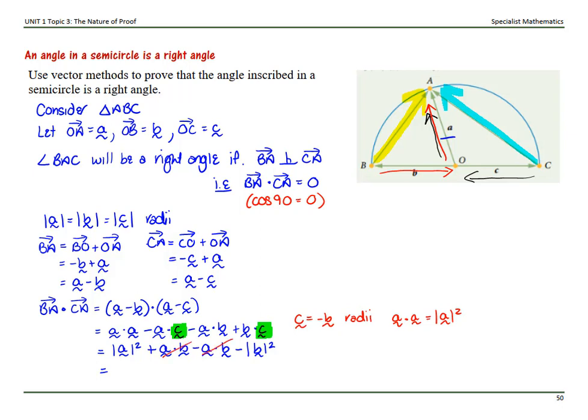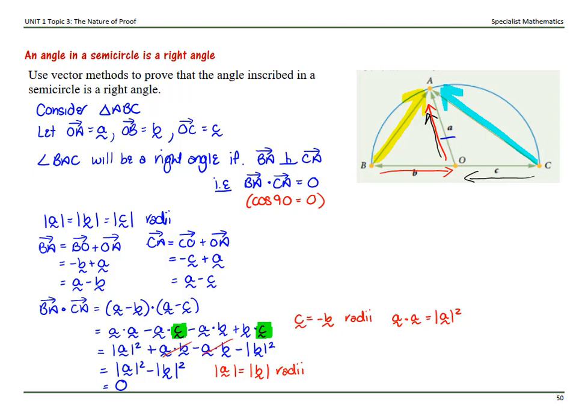Middle terms cancel. So we're left with the magnitude of A all squared minus the magnitude of B all squared. And that has to equal 0 because the magnitude of A is equal to the magnitude of B because they are radii.